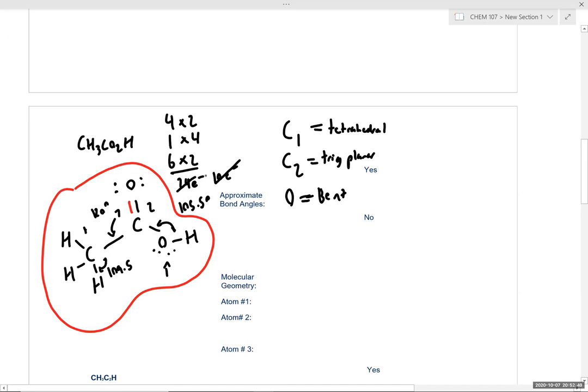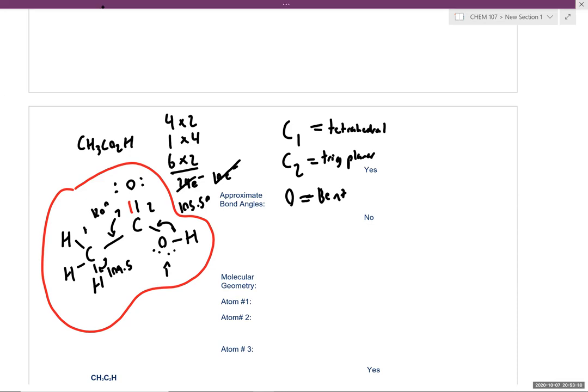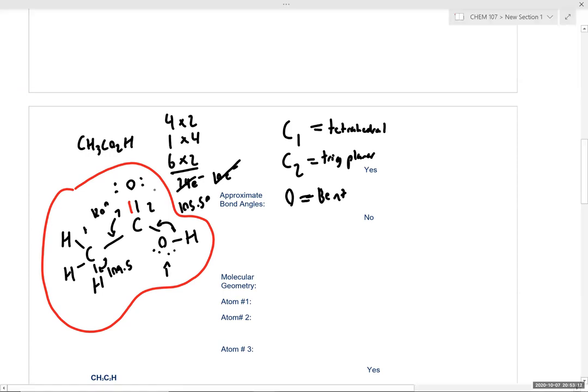So is this molecule polar? Is this molecule symmetrical? Does this molecule have the same atom bonded to our central atoms? What does everyone think? So we have polar bonds, right? These carbon-oxygen bonds are polar, but are these polar bonds arranged symmetrically?